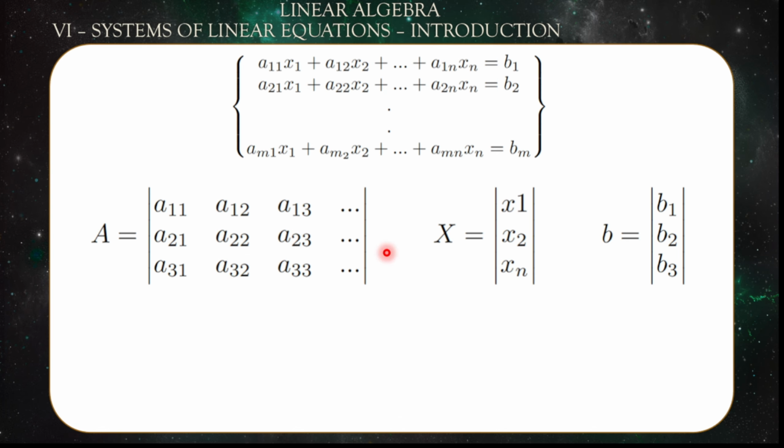Finally, you have x, which is the vector of the different variables or unknowns containing x1, x2, all the way to xn, in a column setting. Then B has the result part of the equations, the second side of the different equations. So it is a column vector containing B1, B2, all the way to Bn, the last value.